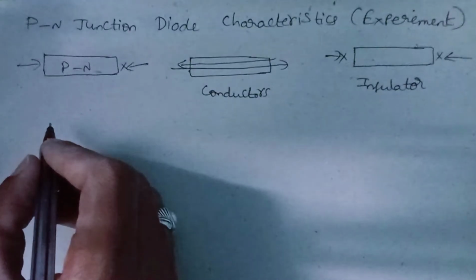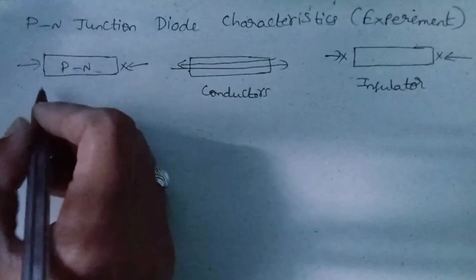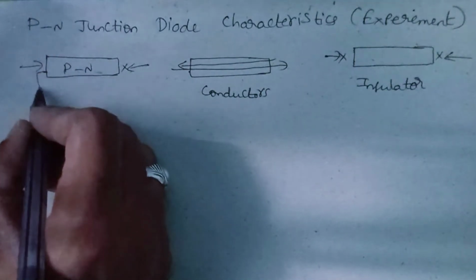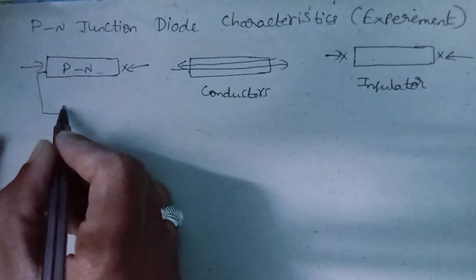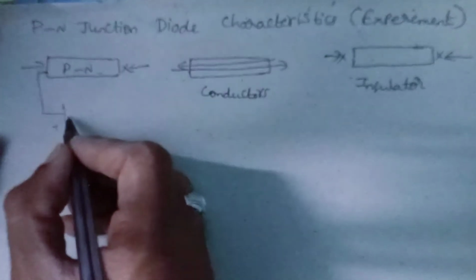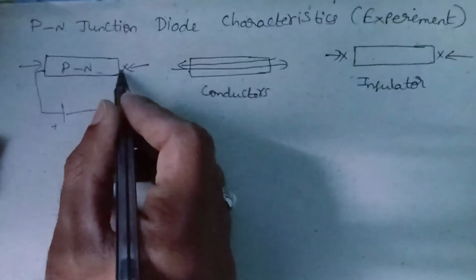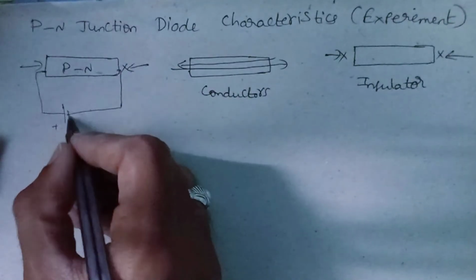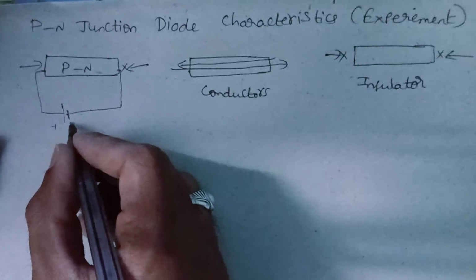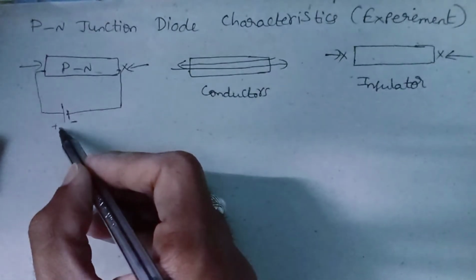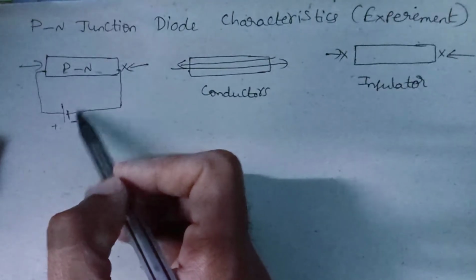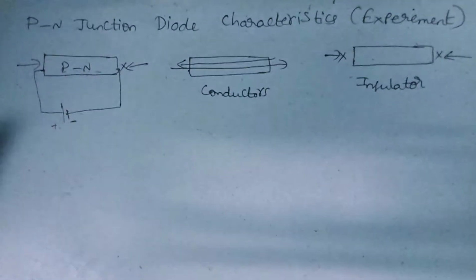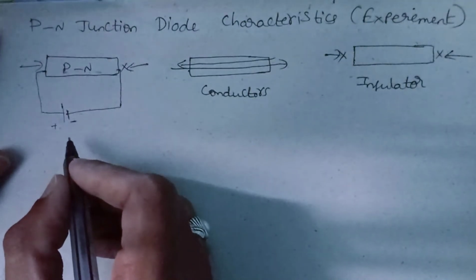So here the current will flow only when P type of the semiconductor is connected to positive terminal of the battery. Positive terminal of the battery is connected to P type and negative terminal of the battery is connected to N type. Then it is called as forward bias.